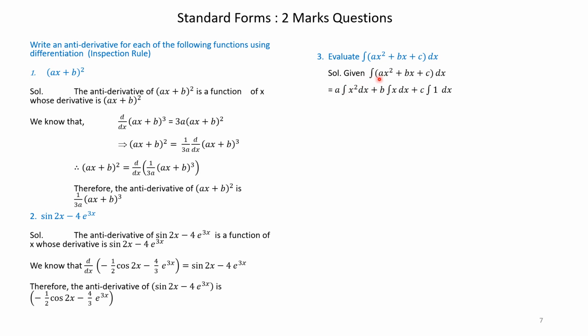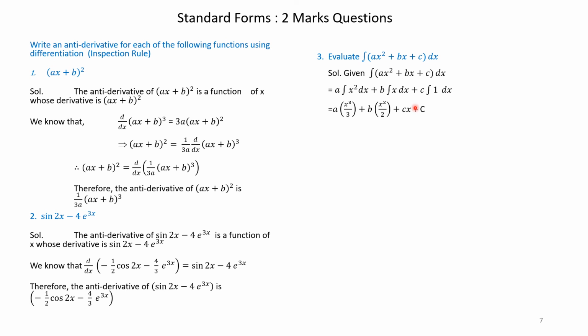So in this term we take a into the integral of x square dx. Then in the second term, that is bx, we take b outside the integral sign and write it as b into the integral of x dx. Plus c into the integral of 1, if we take c outside, 1 remains, 1 into dx.